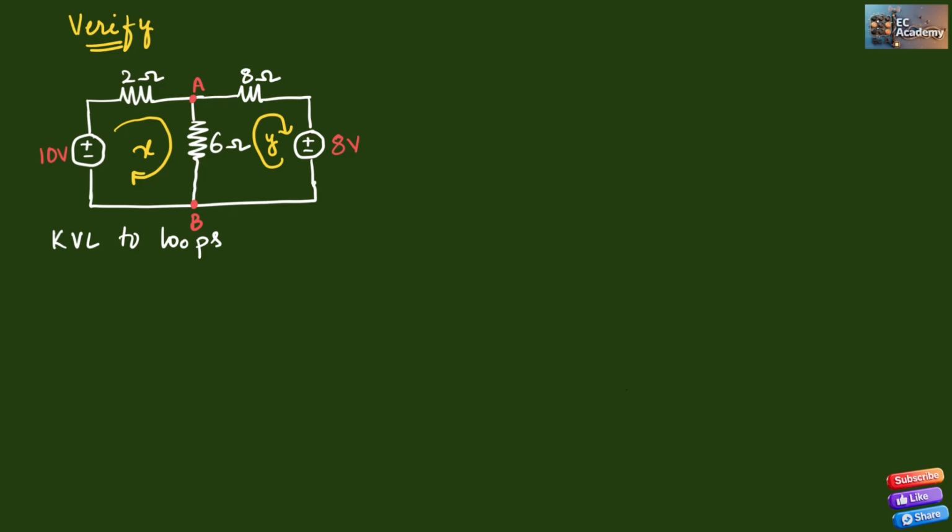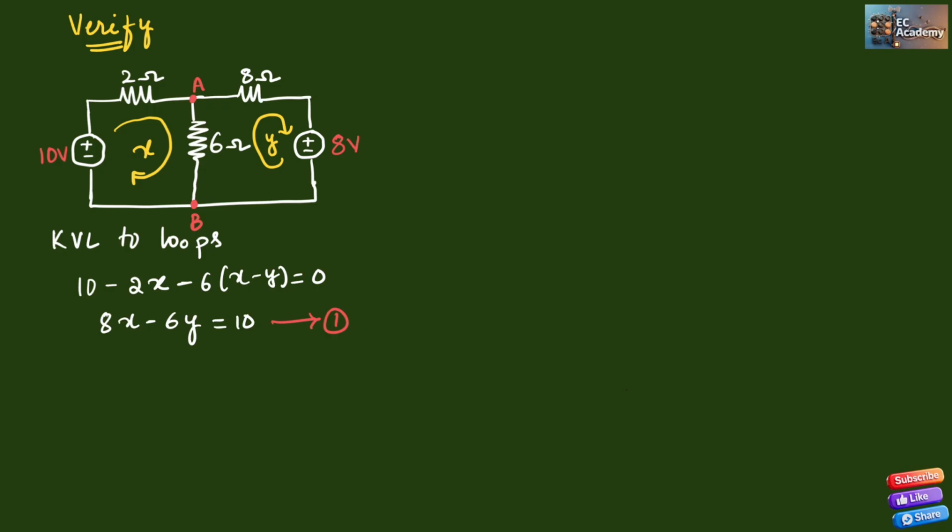Therefore, for the first loop, we can write 10 minus 2x minus 6(x minus y) is equal to 0. We can write the above equation as 8x minus 6y is equal to 10, after simplification. Let us call this equation number 1.